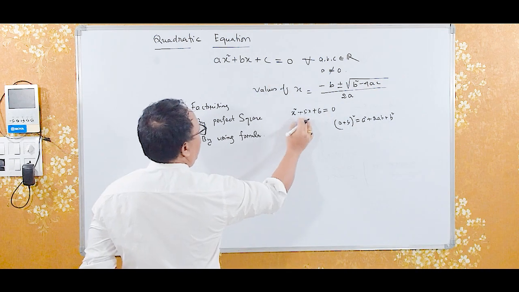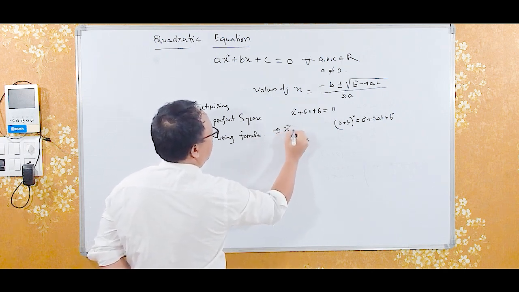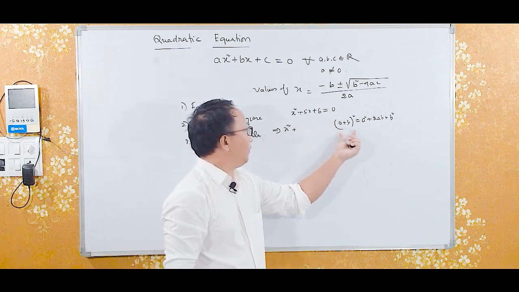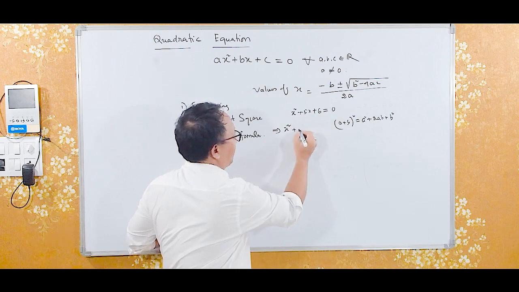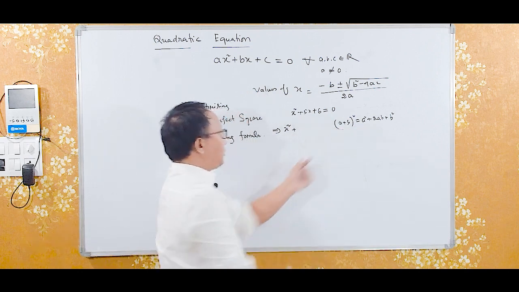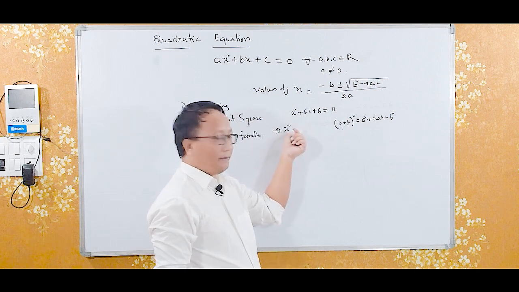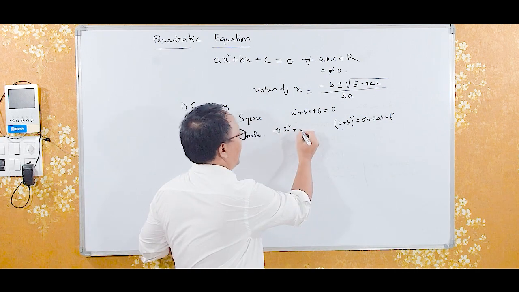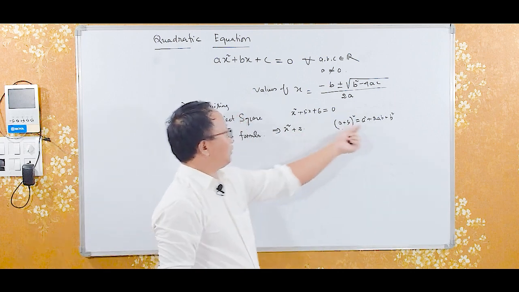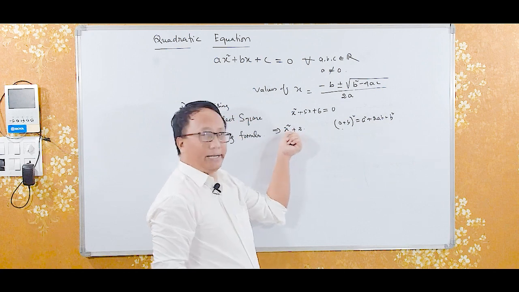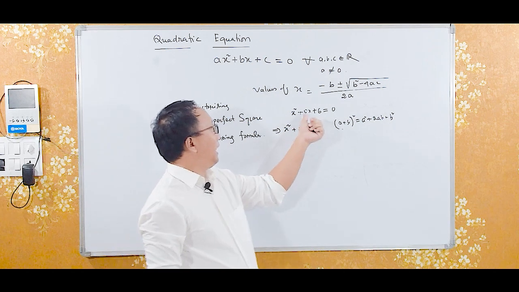Now, in this equation, x² is already there, so let's compare with this. (a + b)² is a² + 2ab + b². Let's consider this is a, so a² is x². For the formula we need 2a, and since I already assigned x, I have to put 2x over here, but I need to get 5x.